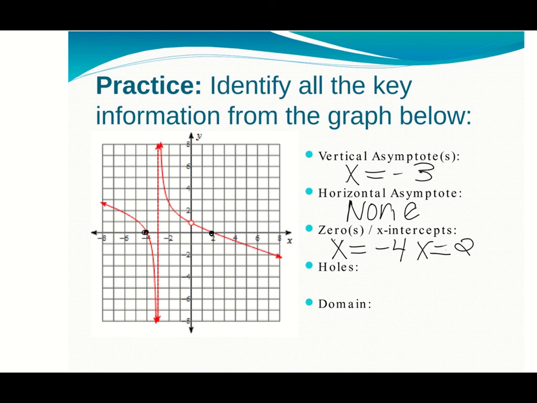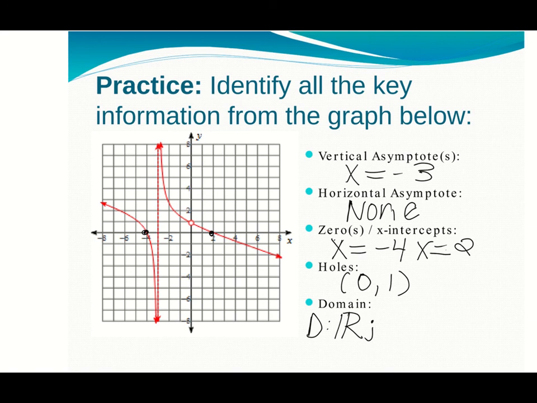Then if we look for any holes, we're looking for open spots on our graph. So in this graph, we actually have a hole at 0, 1. So that means looking at our domain, it can be all real numbers, except if we're looking on our x-axis, we want to see points where it doesn't cross.